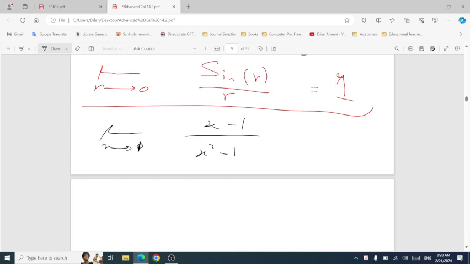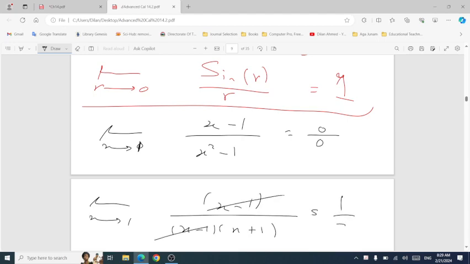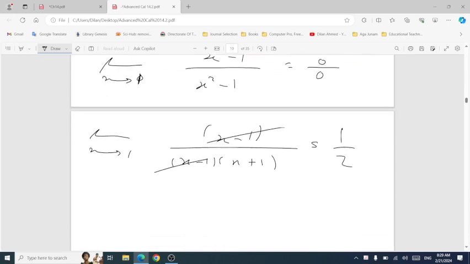Look, I get what? 0 over 0, am I right, if I put that here. So what did we do in calculus 1? We said simplify if there is a chance. Am I right? Clear? Understood? Good.